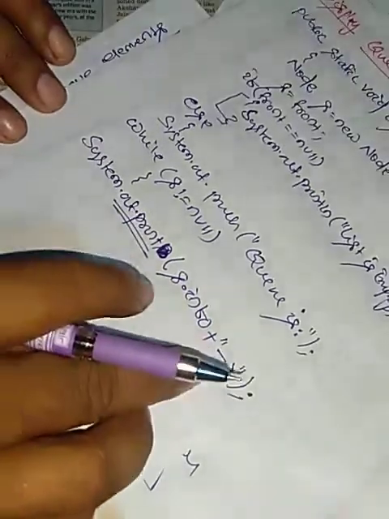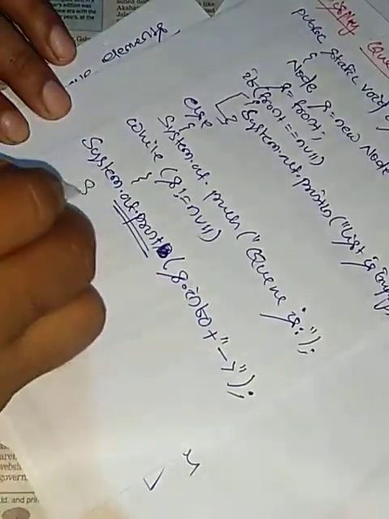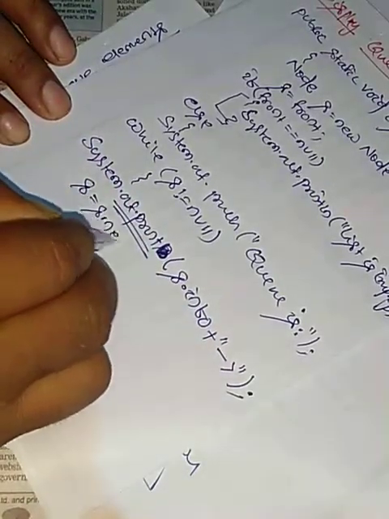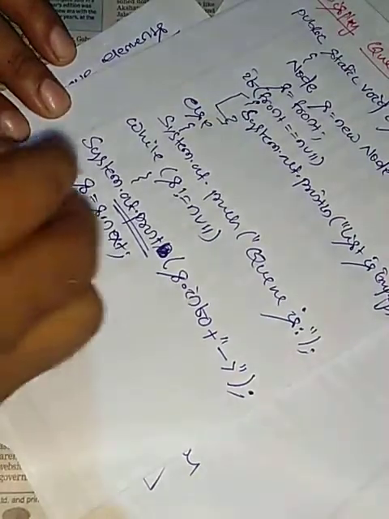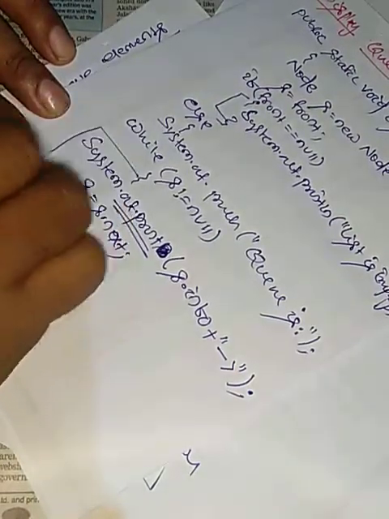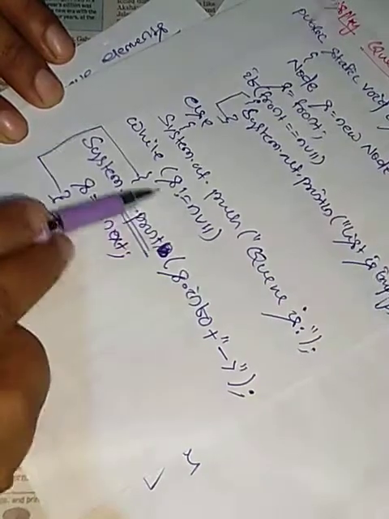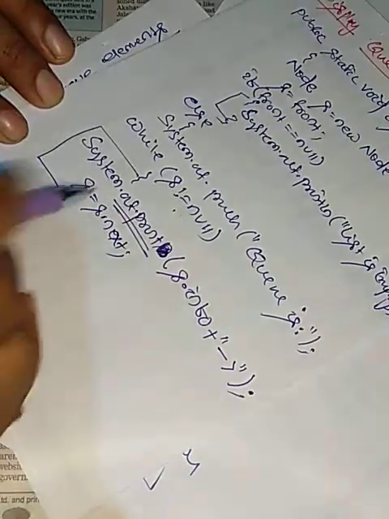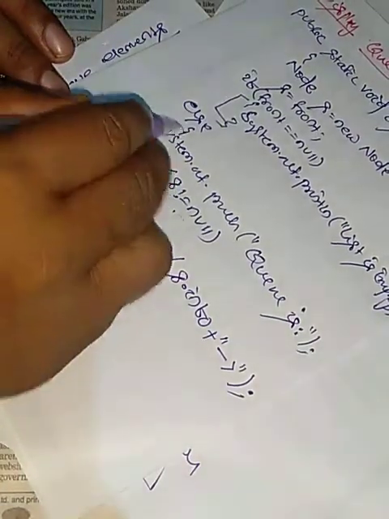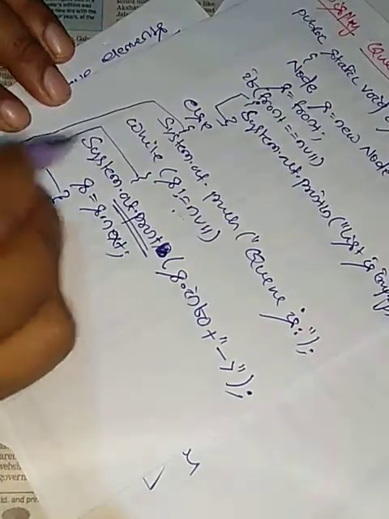Now after printing we'll go to the next node, s is equal to s.next, and we end the while loop here. We'll keep on moving till we reach the node null. Now we'll end the else part as well, and this is the display method.